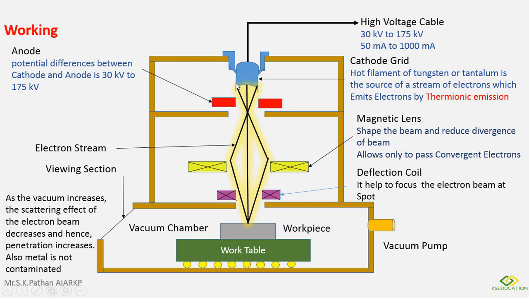Because of the increase in temperature, the emission of electrons starts, and there is a huge crowding of emitted electrons at this passage.